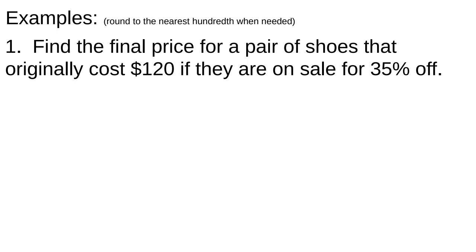At first glance, I think we can probably see this percent as 35. So one way to set this up is to start with 35 in the percent spot. And then we have to decide what the 120 is representing. Is it a part or is it a whole? $120 is the original cost of the shoes.